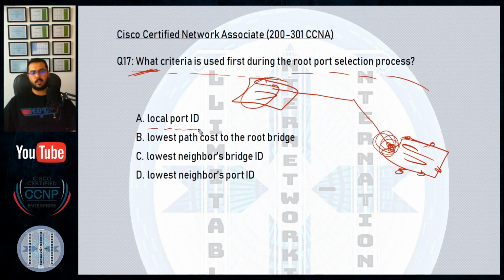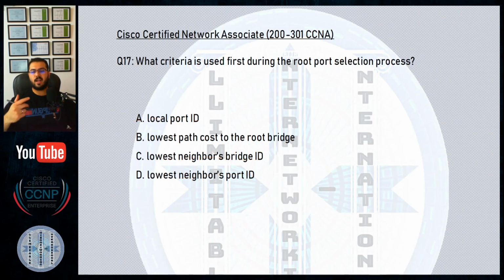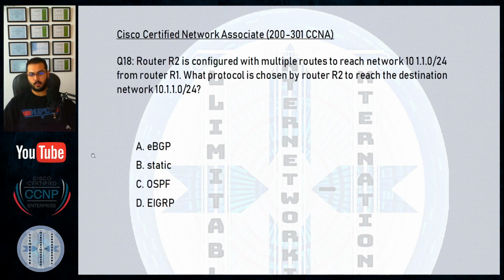So the local port ID, no. The lowest path cost to the root bridge, yes. The lowest neighbor's bridge ID, I don't care about the neighbor. The lowest neighbor port ID, I don't care about the neighbor. So it will be the port that will lead me fastest and shortest to the root bridge. That will be called the root port in my switch.